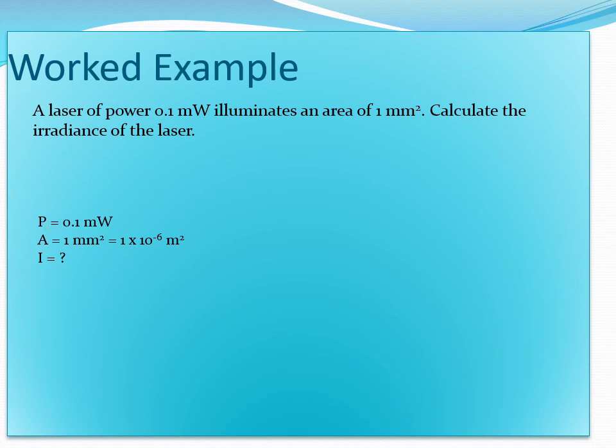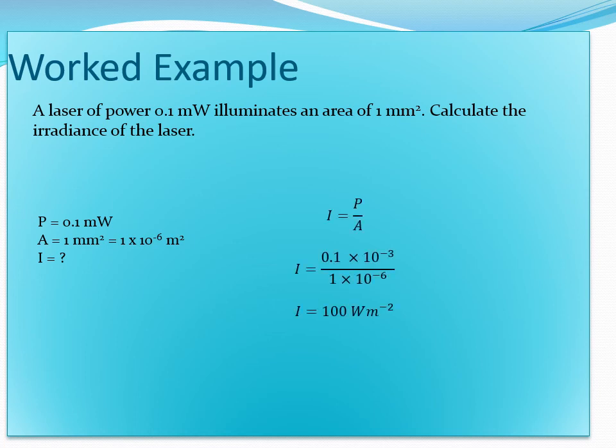So power, simply just 0.1 milliwatts or 0.1 times 10 to the negative 3 watts. 1 millimeter squared. Now, I put this in for a reason, okay? Because it's not just as easy as putting a times 10 to the negative 3 in here because it's squared.